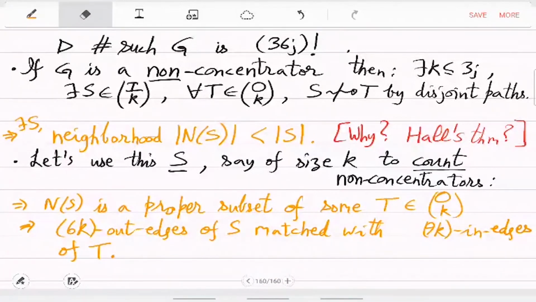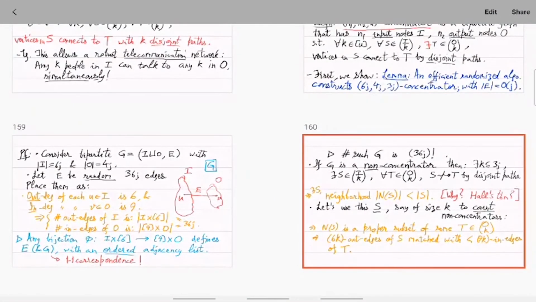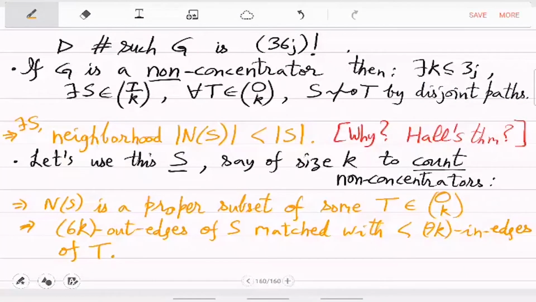I can even put less than 9k here, and so these two have been matched, right, in the way we are building this graph, the bijection that we had before, the one-to-one correspondence between the edges and the permutations. So basically the 6k are being matched by these very specific 9k, and this already will be enough to give you the result if you do the count carefully. All these will give you non-concentrators, right?